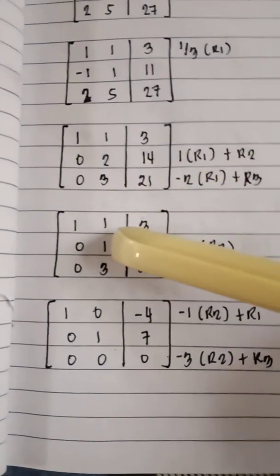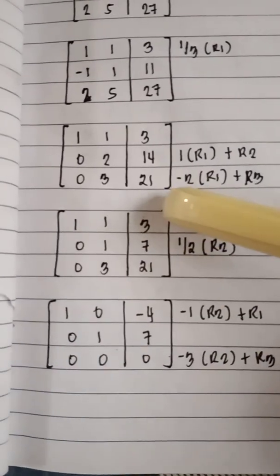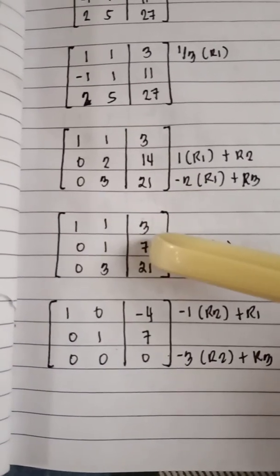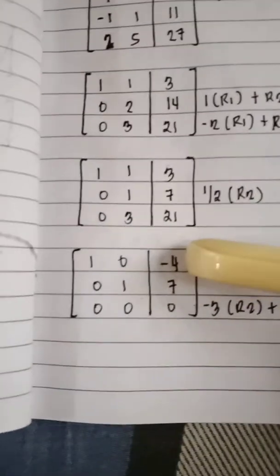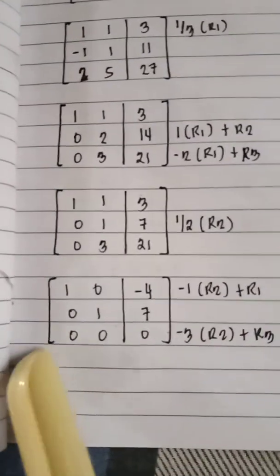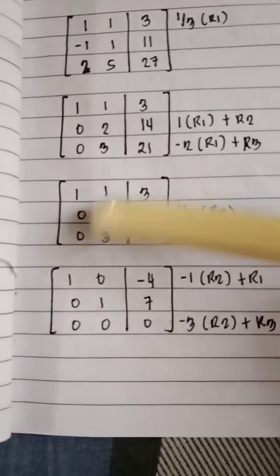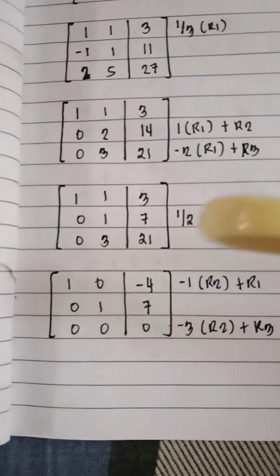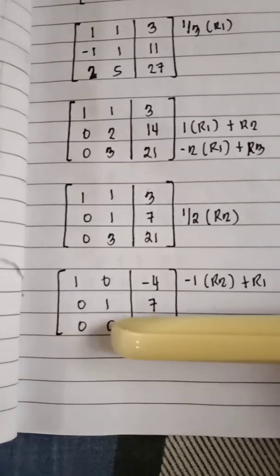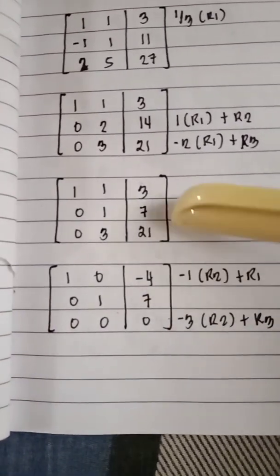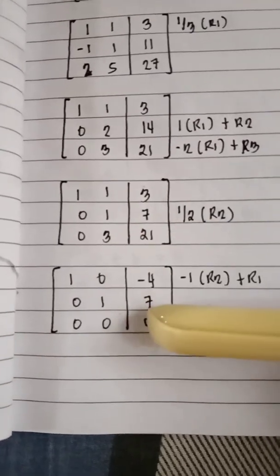Negative 1 times 1 plus 1 is equal to 0. Negative 1 times 7 plus 3 is equal to negative 4. And row 3: negative 3 times 0 plus 0 is equal to 0. Negative 3 times 1 plus 3 is equal to 0. Negative 3 times 7 plus 27 is equal to 0.